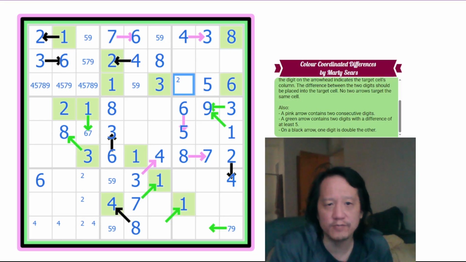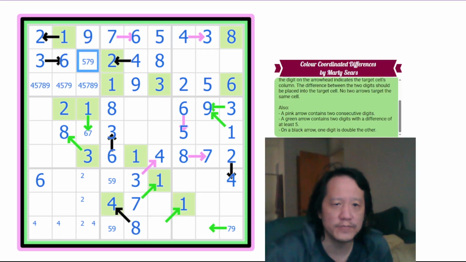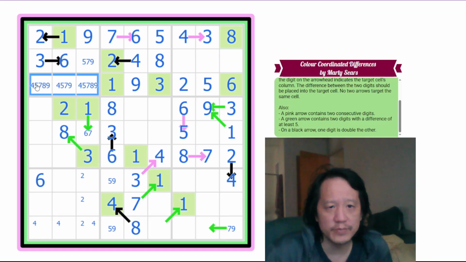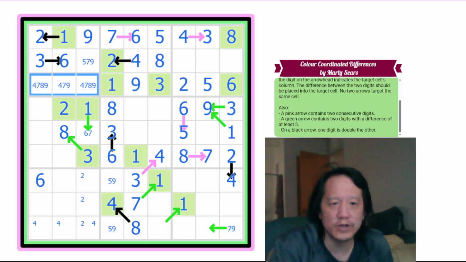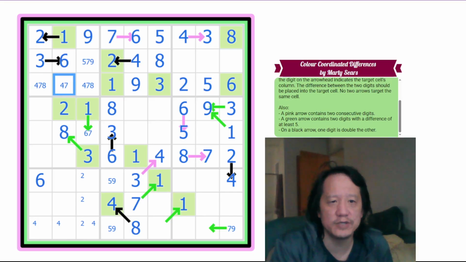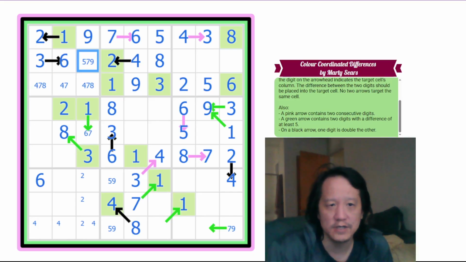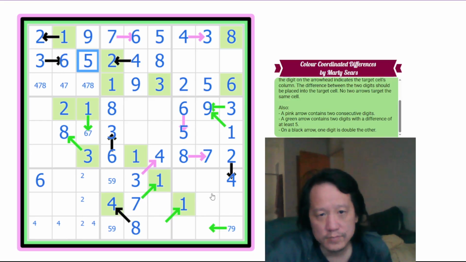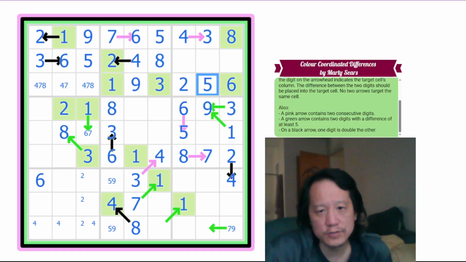So this is 5, which forces this to be 2. 5 eliminates 5 here, so this is 9, which eliminates 9 here. So it's 5 and 9. This cannot be 5 or 9 anymore. We have a 4, 7, 8 triplet, which eliminates 4, 7, 8 in the rest of the box. This can't be 7 or 9, so this is 5. So 3 and 8 is pointed to. Okay, so we have, this is done.